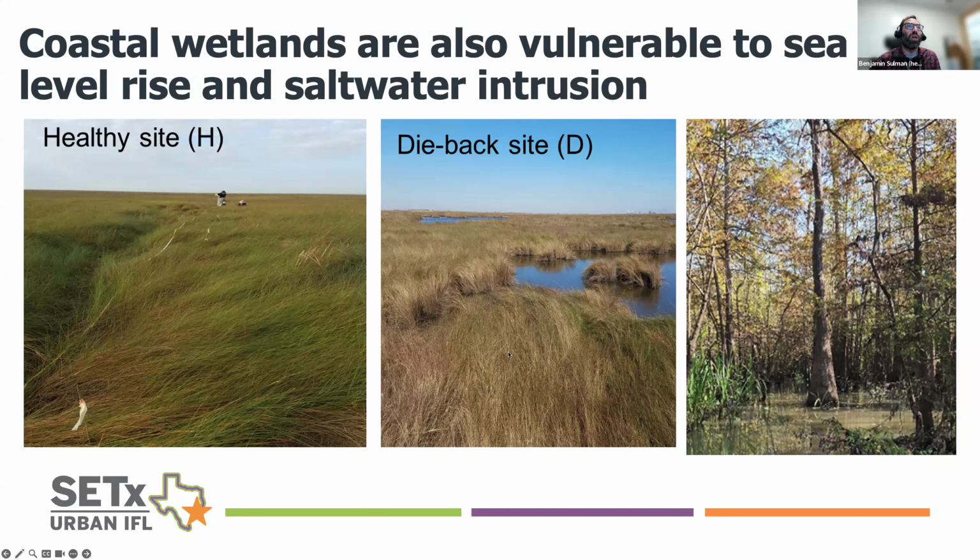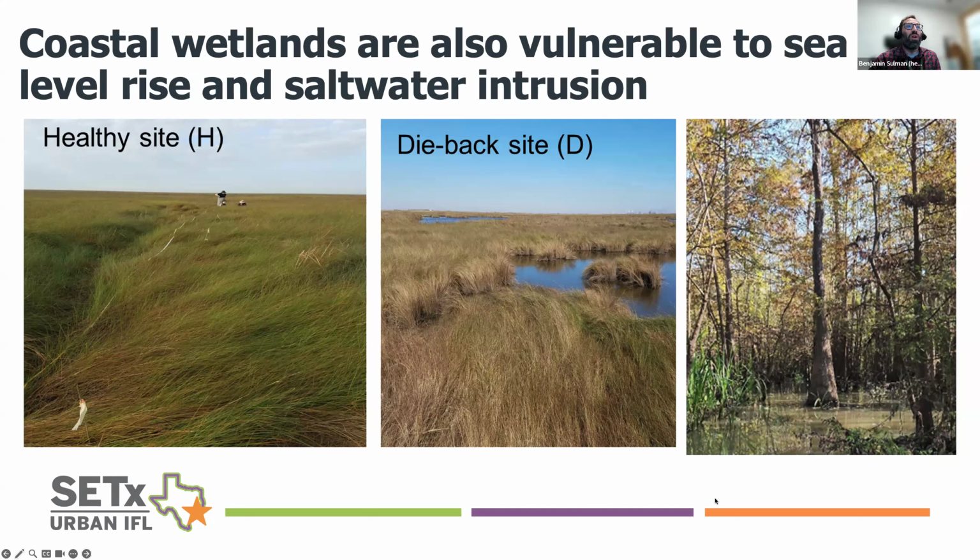There are also areas where a combination of changing water management, saltwater intrusion, and sea level rise is leading to dieback. So the marsh grasses are less healthy in some areas. They're dying off and being replaced with open water as the actual sediments and land material under them collapse. And so there's this ongoing marsh collapse, which degrades all of the services that these ecosystems are providing.